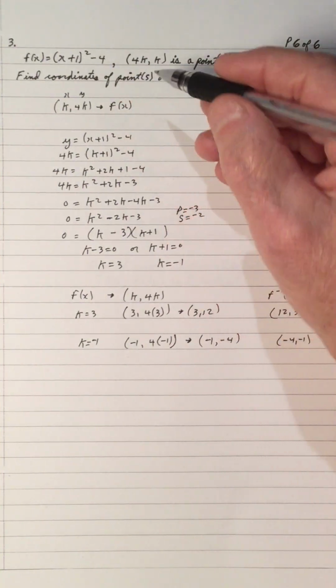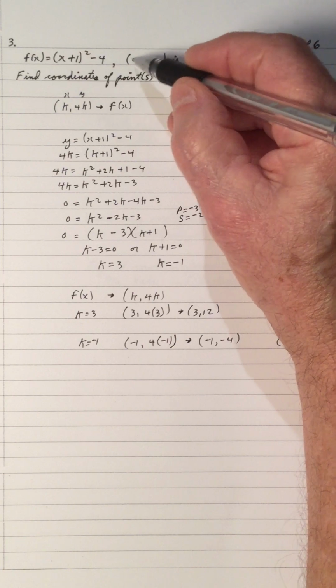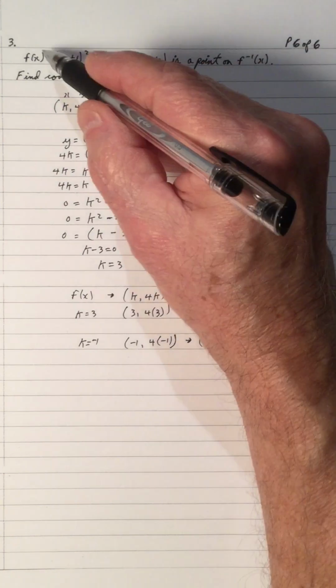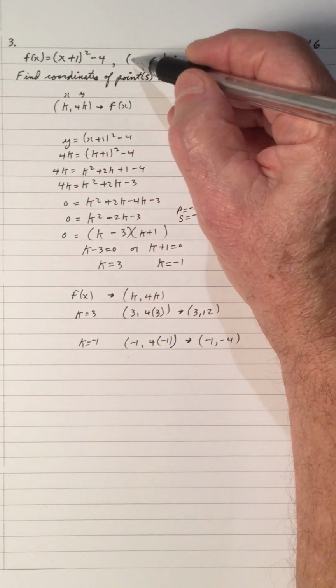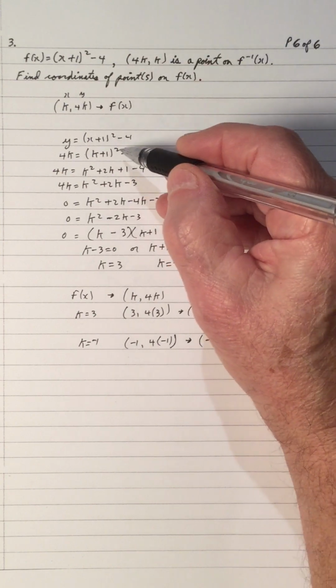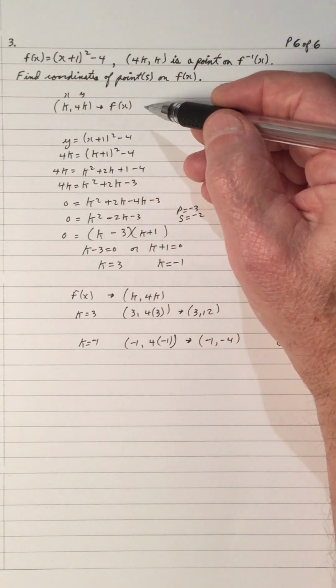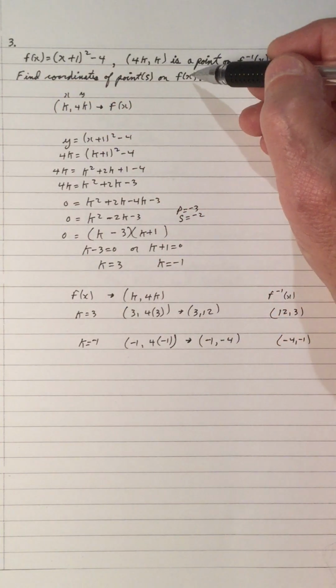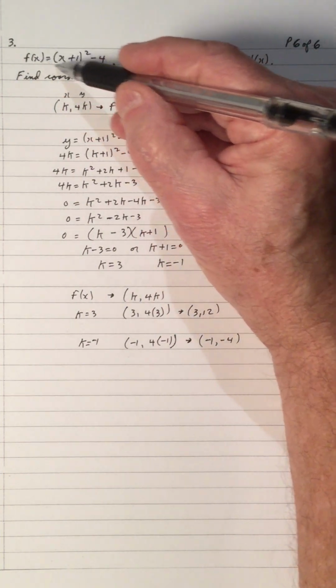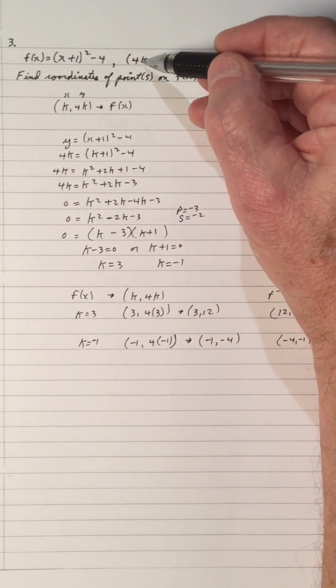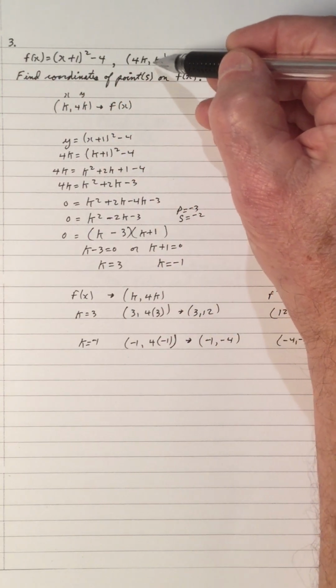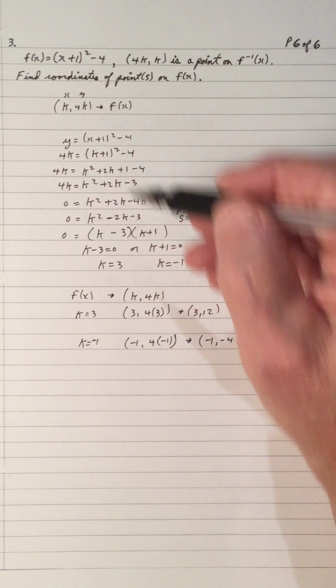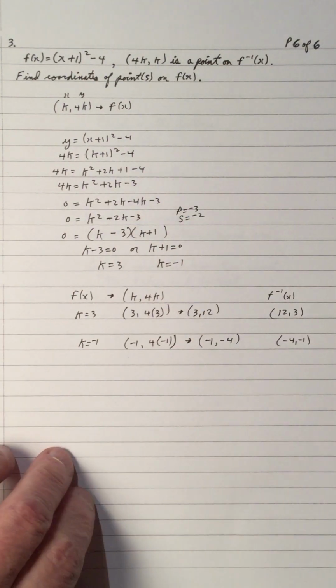So it was easier to change x and y around here, because I already have the f of x. Switch these ordered pairs, and now I can plug them into the f of x. The longer way would be to work out the inverse, f to the -1, by solving this and then plugging in those points. But it's easier to switch those points and plug them in here to get the answers.